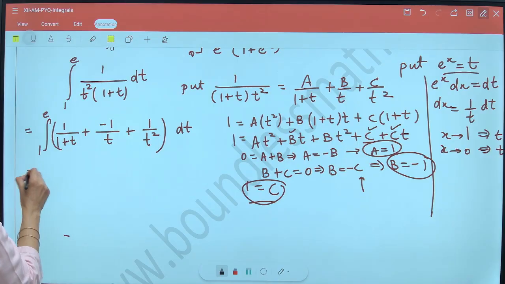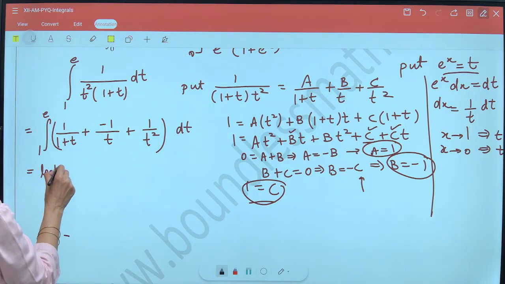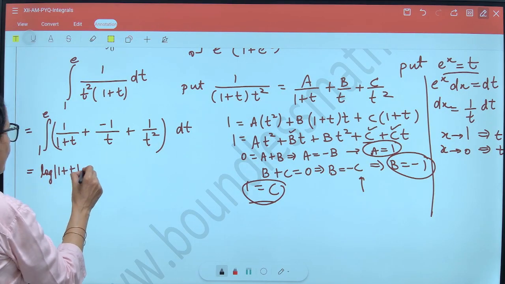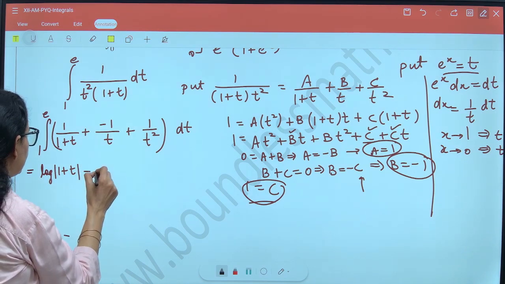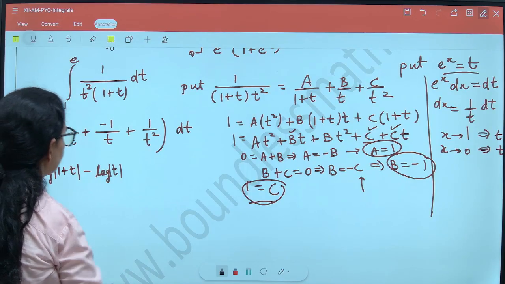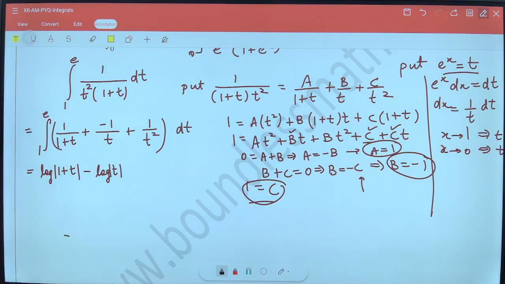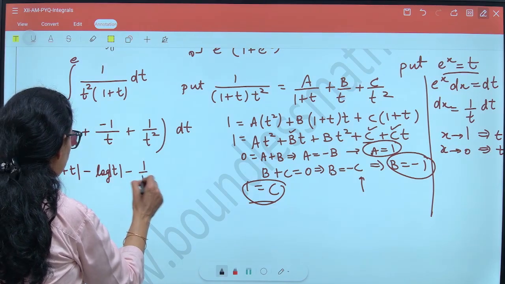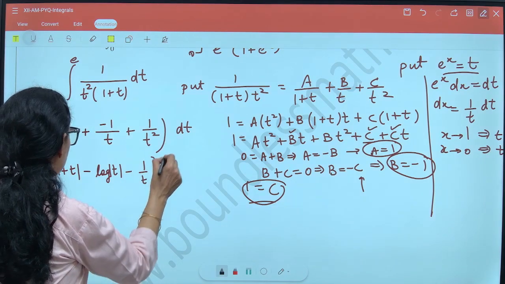Right? So this is easier. This becomes log of (1 plus t) minus integral of 1 by t, which is log of t. And then what is the integral of plus 1 by t square? It is t to the power minus 2. So this becomes minus 1 by t, and the limits are 1 to e.